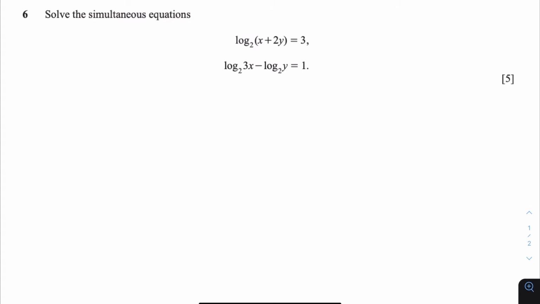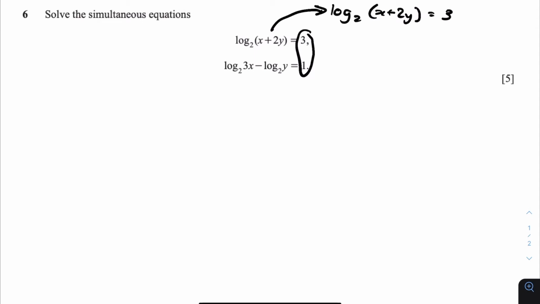So with this one, we can already start to simplify the different equations due to the fact that these parts over here don't have logarithms. So the way we can do this is that first let's identify that over here, log 2 (x plus 2y) is equal to 3.